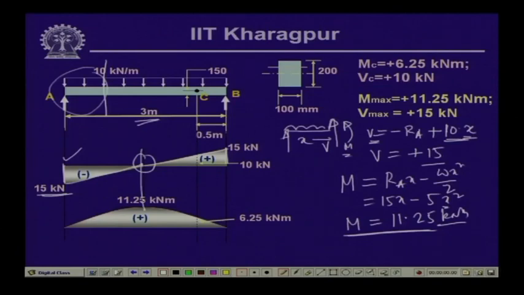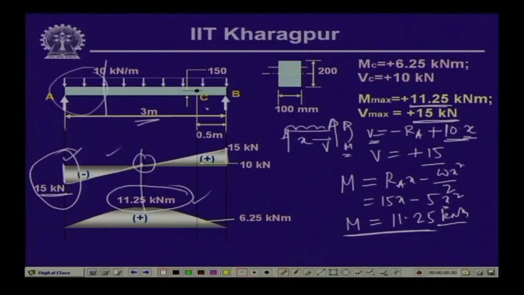Now, what we have to evaluate in this particular problem is the maximum bending stress and the maximum shearing stress. From these diagrams, we can see that the maximum value of the bending moment is equal to 11.25 kilonewton meter, and the maximum value of the shear force, which is acting at the support, is equal to 15 kilonewton.